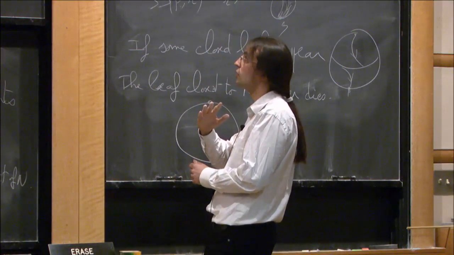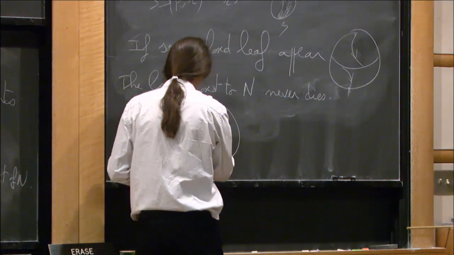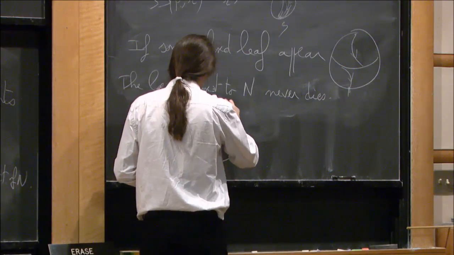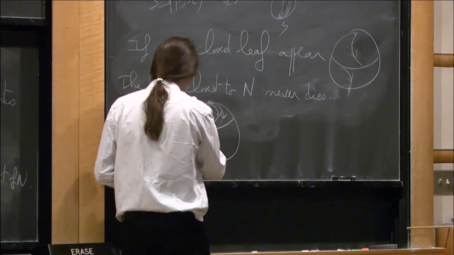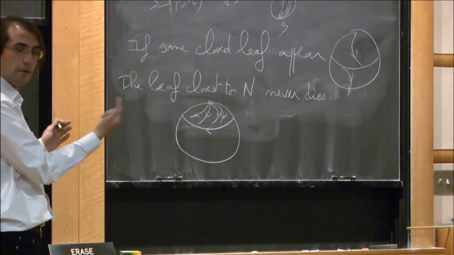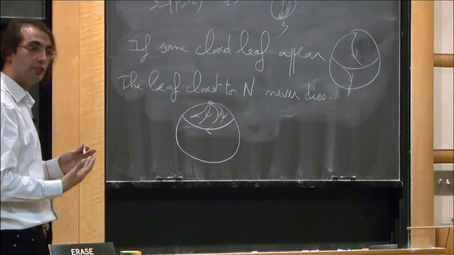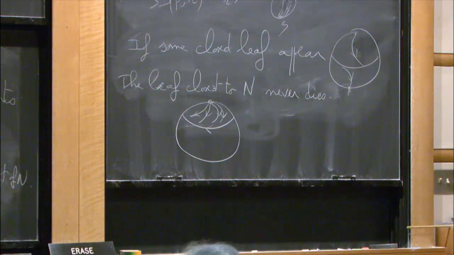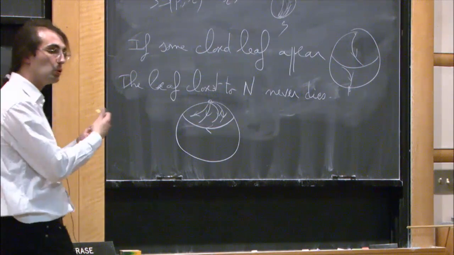Say the North Pole, so I've oriented everything, and the North Pole is repelling, and assume I've got a closed leaf going west. Then I say this closed leaf can never die. And the same argument also proves that the first leaf to appear has to go west.